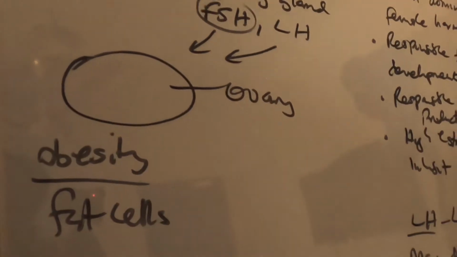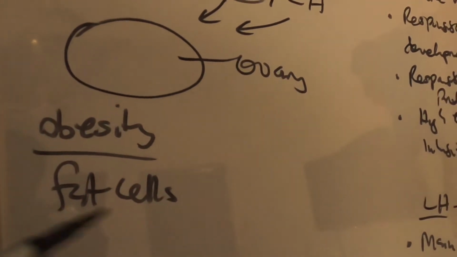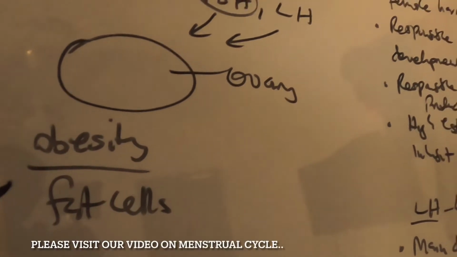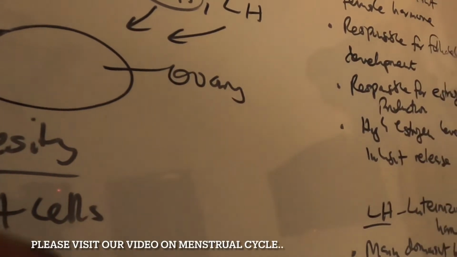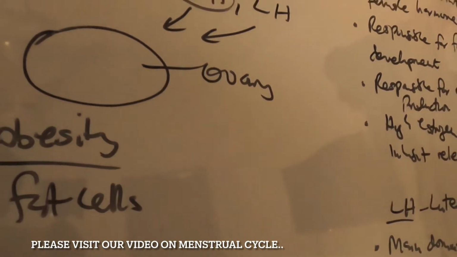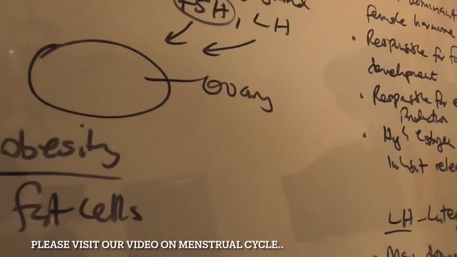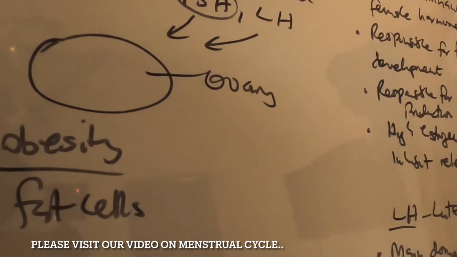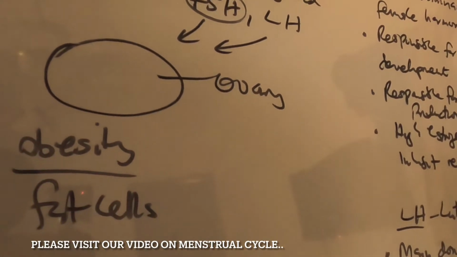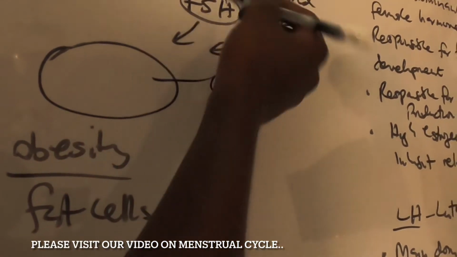Now, for you to understand the role of these hormones in PCOS, you may have to visit my video on the menstrual cycle, where you understand the actual roles of FSH and then LH. But briefly, FSH is responsible for follicle or egg development. So once a female is done menstruating, or probably in the state of menstruating, new follicles are being developed, and the hormone responsible for their development is FSH.